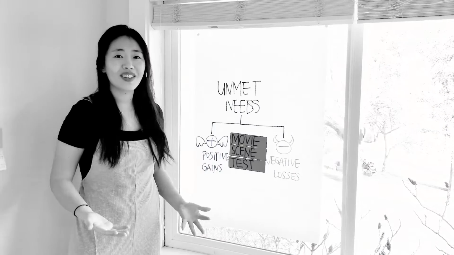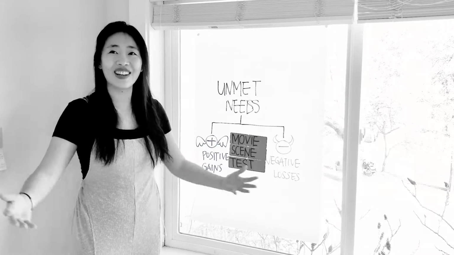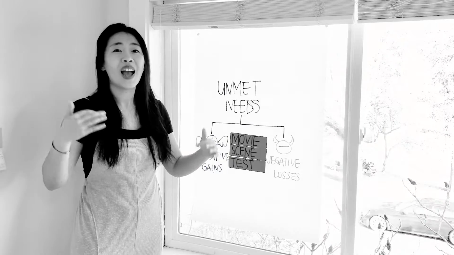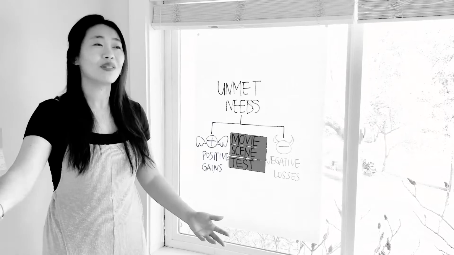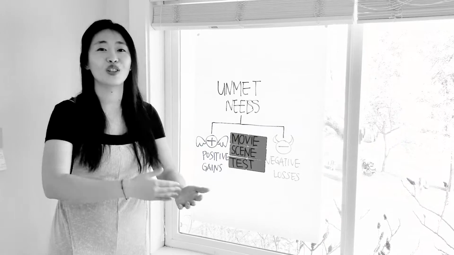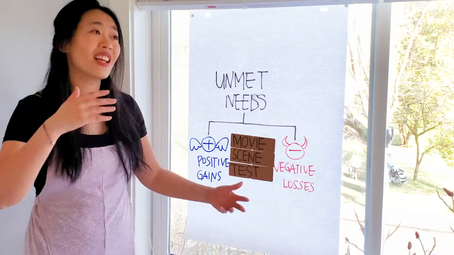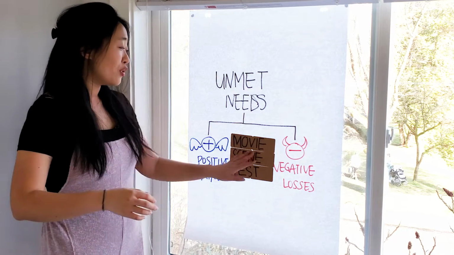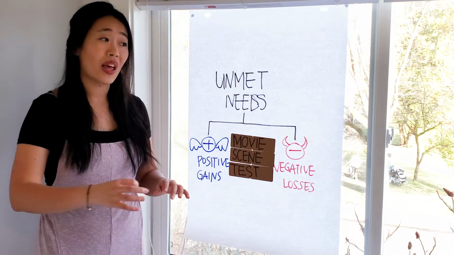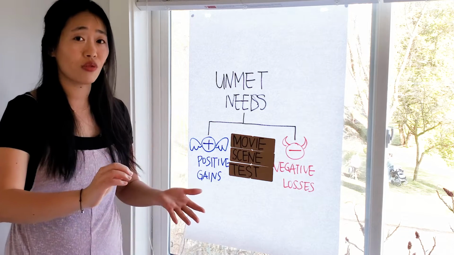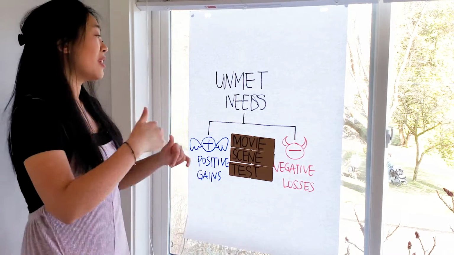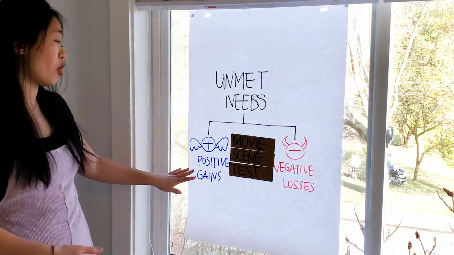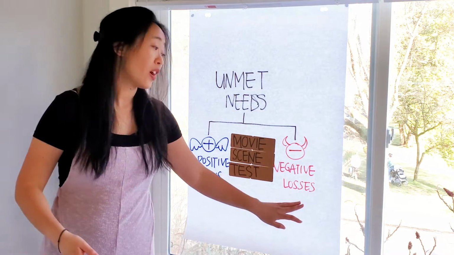Yeah, I was sitting there wondering, where are they? When are they going to find me? How are they going to find me? When am I going to get that email that says a new call booked or a new email from a prospect? Right, then you can relate. So use the movie scene test to make sure that whatever value proposition you're writing is specific, and it becomes persuasive when you have both positive gains and negative losses.